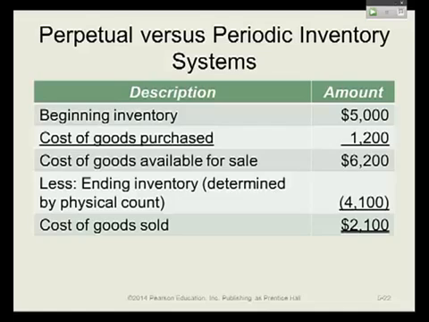Then you go out and take a physical count, and you determine, in this case, and these numbers are just given to you, that 6,200 were available, you counted 4,100, and therefore the amount of units that you sold were 2,100. Now, of course, that excludes spoilage, theft, damage, so you assume if it's not there, it's going to be sold.